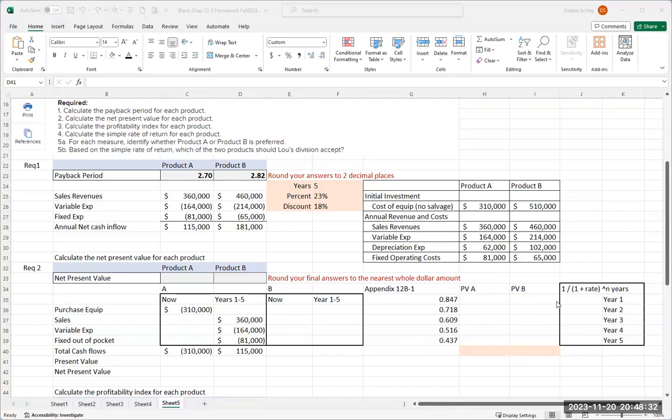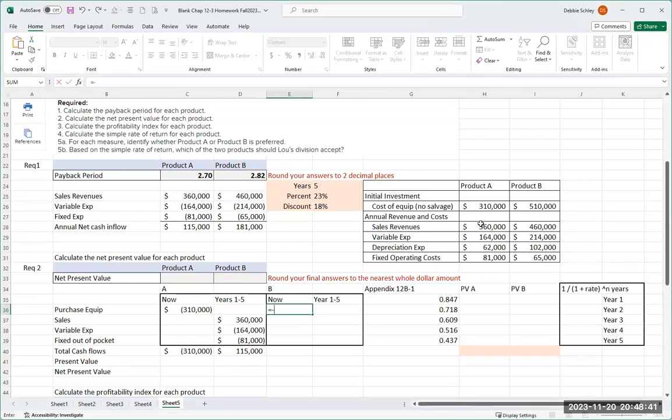Okay, so apparently I do want to do this chart over here to get the present value. I'm going to finish filling in B, so equals the negative initial investment, and then years 1 through 5.